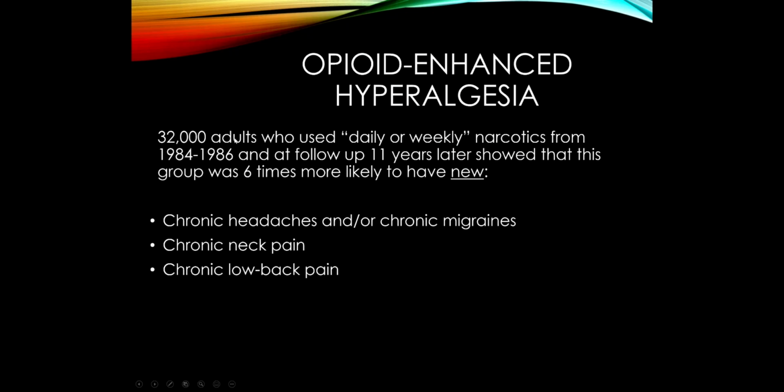Here's one looking at 32,000 adults who were on frequent opioid medications that years later were much more likely to develop chronic headaches, chronic migraines, chronic neck pain, chronic back pain. So in other words, the patient maybe was treated for knee pain or low back pain, but then they developed these chronic headaches, and it's related to the opioid medications. So try to find better options for patients than these medications.